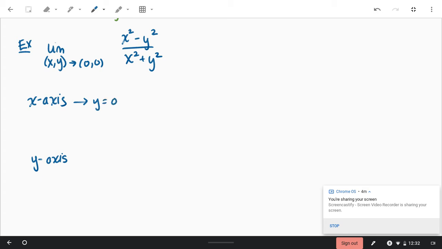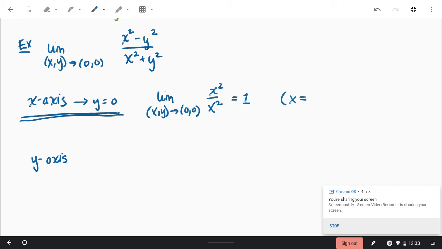So approaching (0,0) along the x-axis, our function would just be x squared over x squared, because y is 0. We just rewrite our function for what it would be on this path. So our function is x squared over x squared, and the limit would equal 1, as long as x isn't 0.